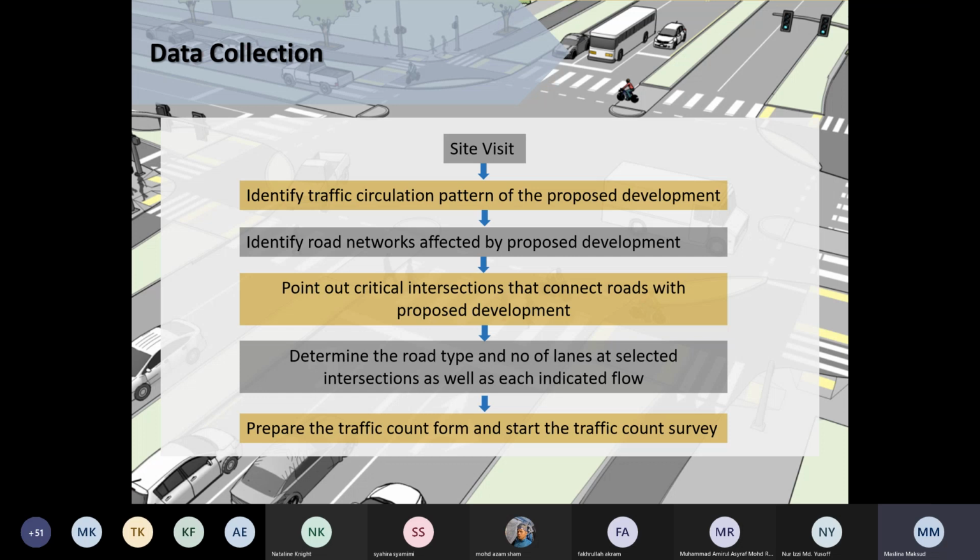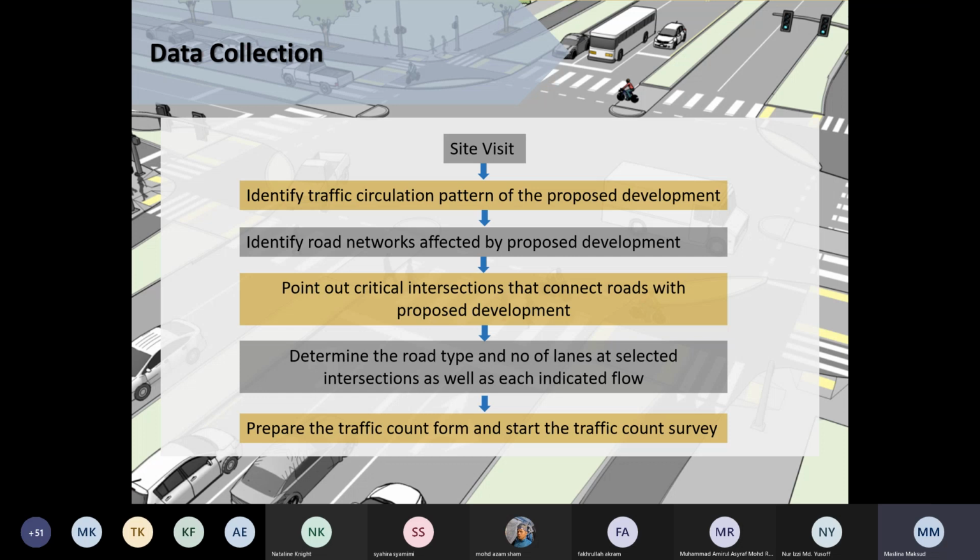From that observation, we will point out each critical intersection that connects the road with our proposed development. And from here, we will select the critical intersections for our traffic study.